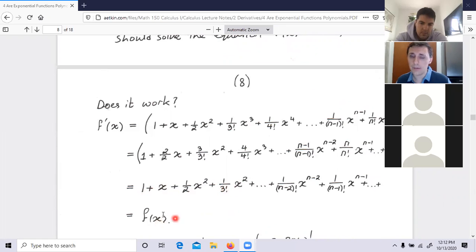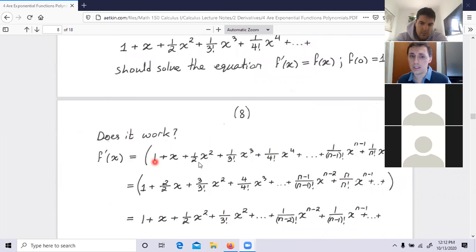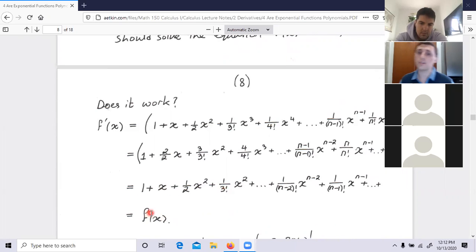I get the same function. Do you see? Because it's 1, x, 1/2 x squared. It's the same function that I started with when I take the derivative. So I found some solution to my differential equation, right? Take the derivative of this function, it's the function itself. You've seen it? I just verified that based on the calculations, everything works. Good? Isn't it cool, guys?